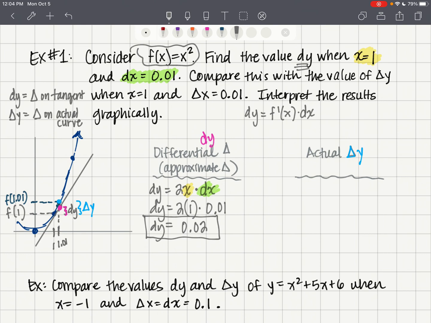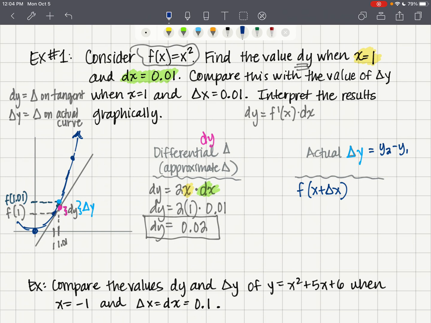Now we expect delta y to be a little bit higher than 0.02. Well, how do we find delta y? Well, now we have to go back and do some non-calculus. So delta y, remember, is y2 minus y1. Right? y2 is f of x plus delta x.